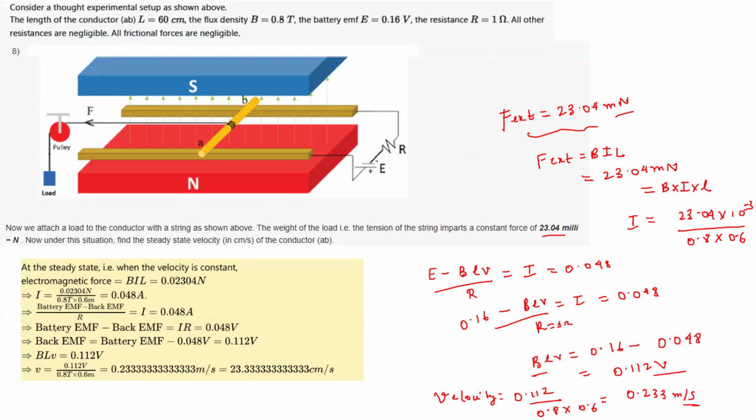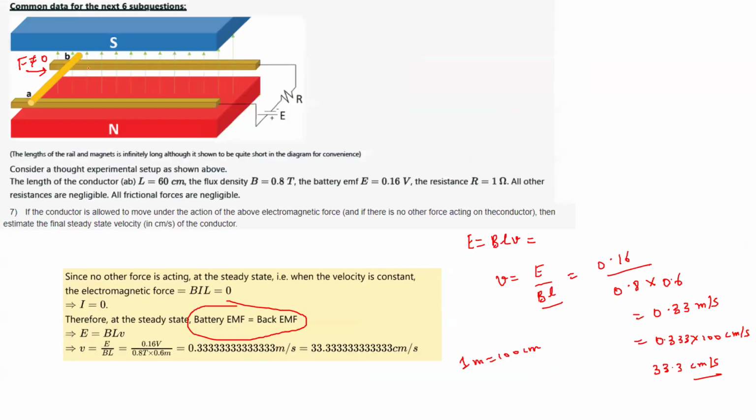So you see under steady state, because we're not applying any external force, it is just moving in that way. So what is happening is that the current is zero.